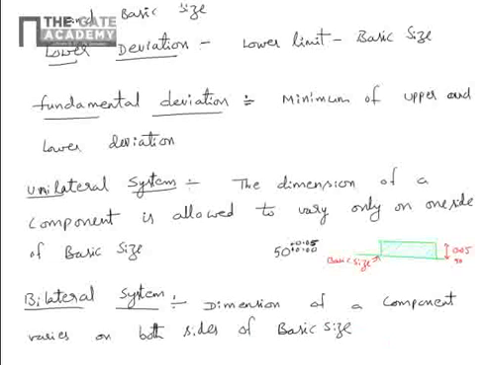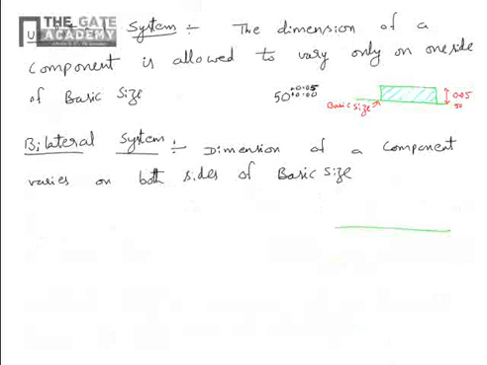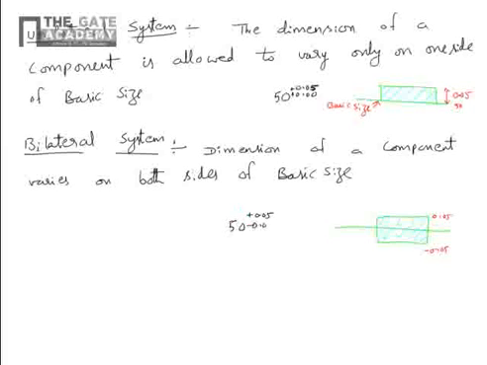So for example, same example we will take. This one is 0.05, this one minus 0.05. So this component is represented as 50 plus 0.05 minus 0.05.